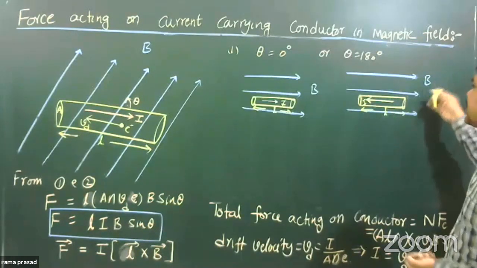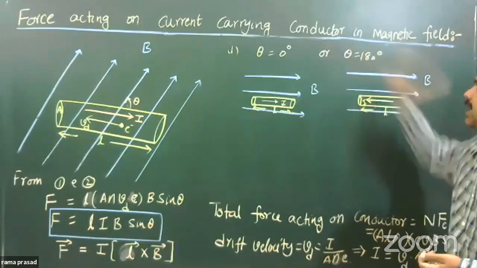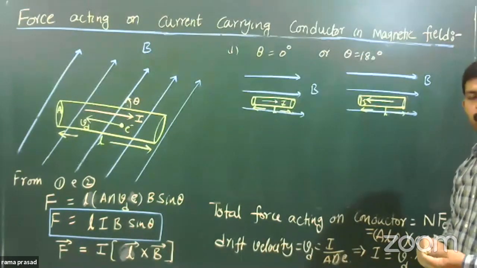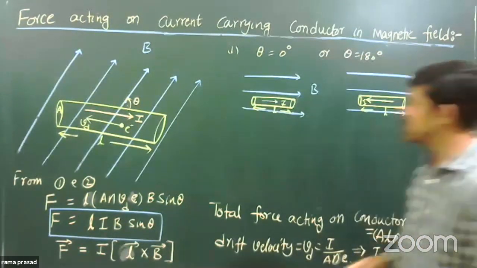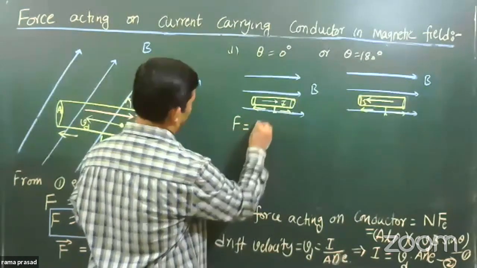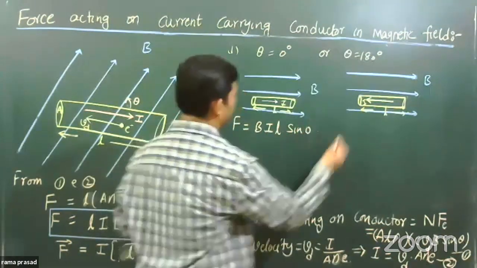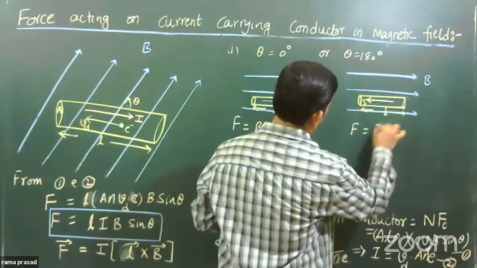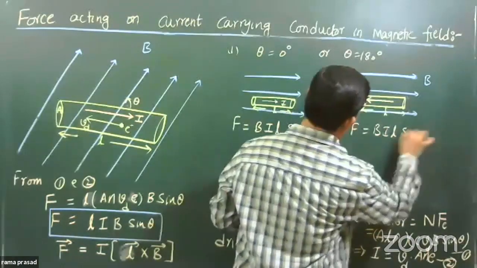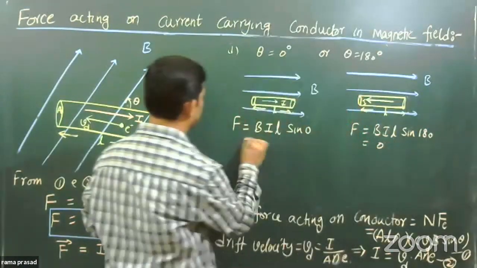The field is in this direction, current is flowing in the opposite direction, so theta is 180. In both cases, F is BIL sin 0 or BIL sin 180. In both cases, it is 0.